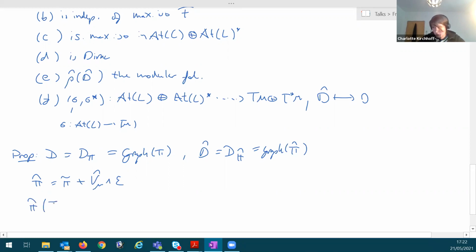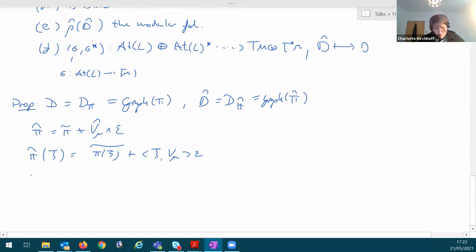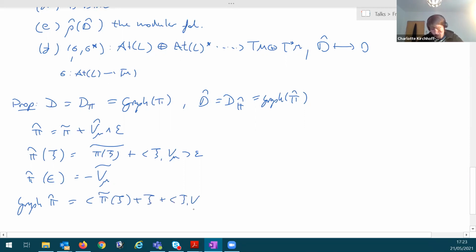So pi hat of just the one form xi was pi of xi tilde plus the pairing with the modular vector field. Pi hat of E, the dual element to the Euler vector field, was minus the modular vector field. And so the graph of pi hat is equal to the span of pi tilde of xi plus xi contracted with mu, E, and E minus.